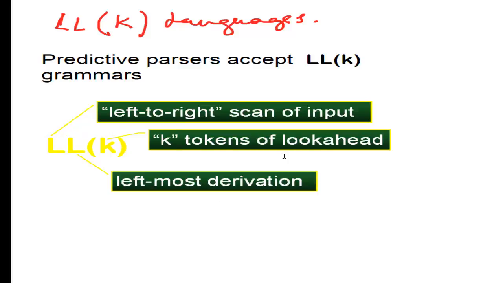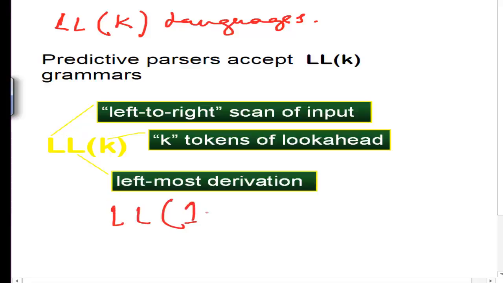That means how many tokens we take into account to look ahead. Last time we saw the next, and we were talking about just a single token. We say that we will see only one token ahead to check our grammar. That's why we usually have an LL1 grammar, because one means one token.